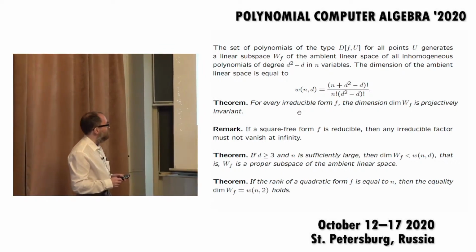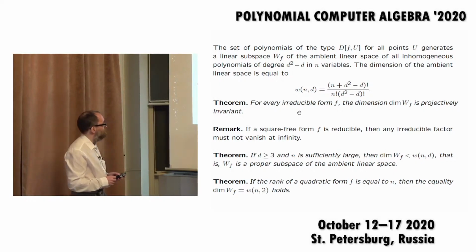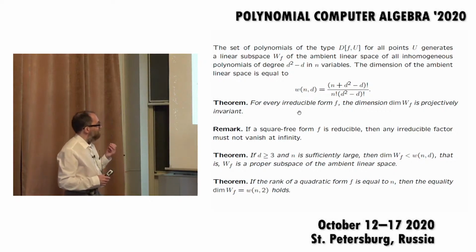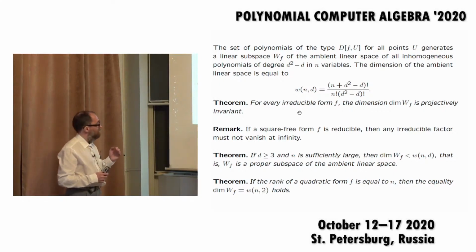And the first theorem: for every irreducible form F, the dimension of the subspace W is a projective invariant. If the form is reducible, then you cannot prove the same result, because if the form F contains a factor x0, then its degree is big, but its restriction on the affine space has small degree.